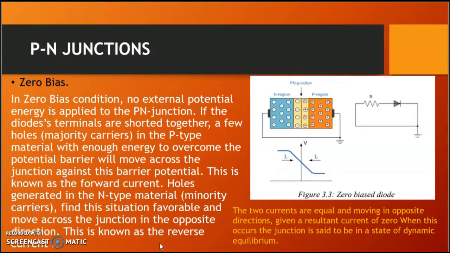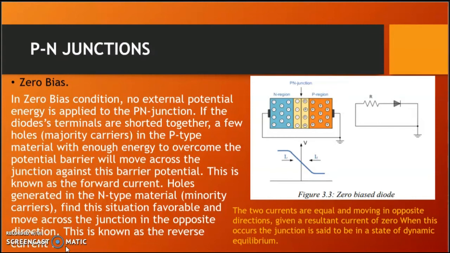Now these electrical charges are repairing each other. The n-type are repairing holes and the holes are repairing electrons. So they are in a state of equilibrium. In zero biasing, we will just short this diode or the p-n junction.